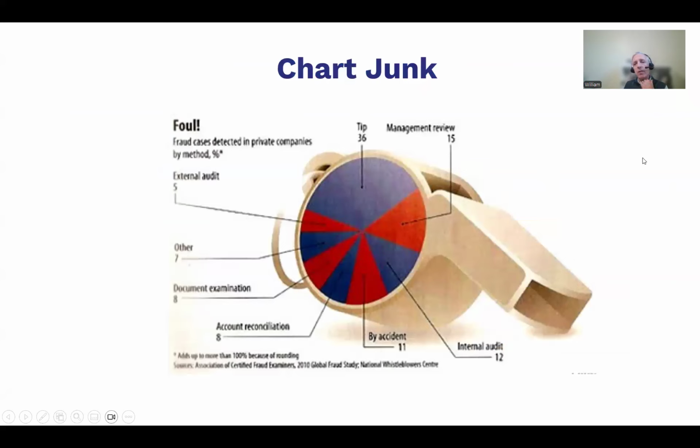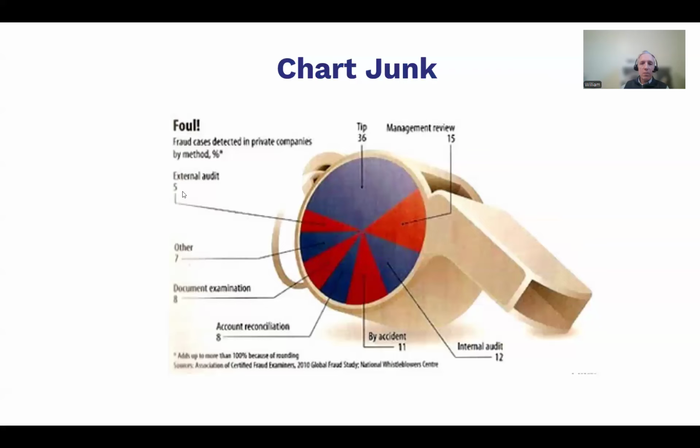Okay, now I want to talk some about chart junk. Here's a good example of chart junk. This whistle is superfluous. This is fraud cases detected by private companies by method, and it's a percent.